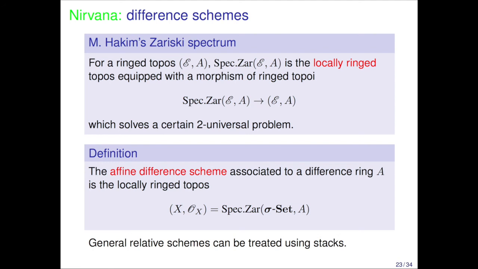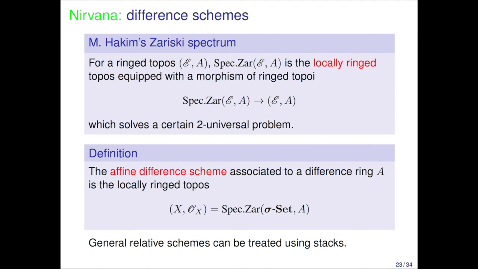This boils down to saying that the fibers, the stalks of this, will be local rings. All right, so I propose to use this general principle in our case. If you take a difference ring A, this means that you have a ringed topos, sigma sets A, and you can create a locally ringed topos out of that. So this is for the affine case.